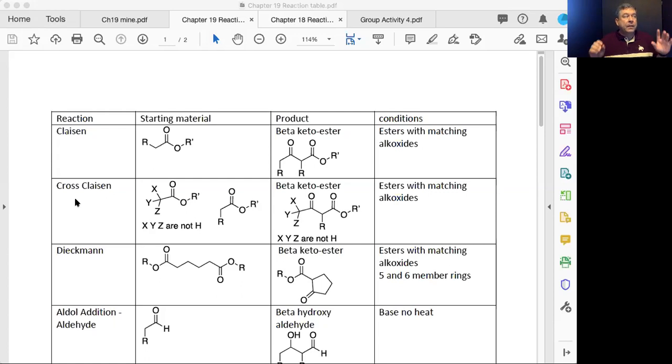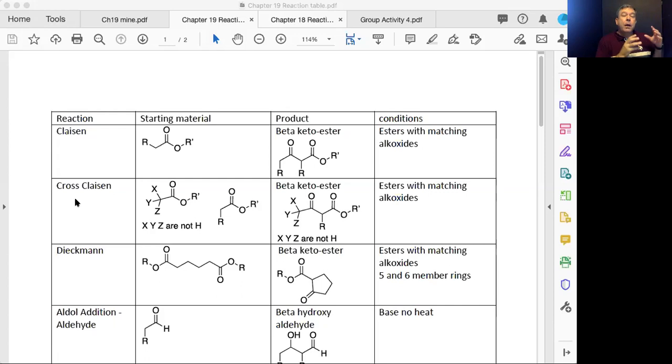Now, if you want a very clean reaction, you can get a very unsymmetrical molecule by doing what we call the cross Claisen. And that's where one of your materials has a carbonyl compound on it, specifically an ester. Now, the reason we want an ester there is so that we can eliminate that alkoxide and generate our ketone from that species, okay?